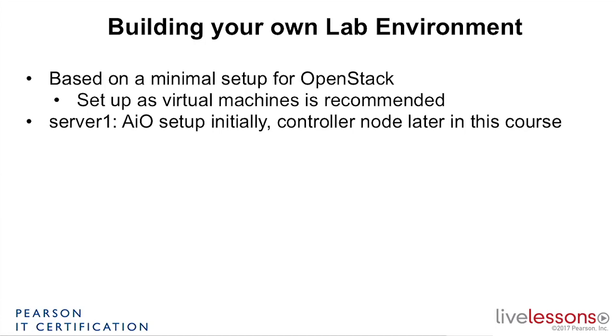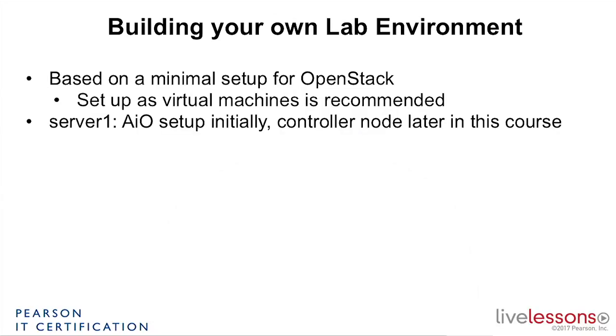Server 1 is going to be the most essential server in the complete configuration that we are using. On server 1, initially we are going to create an AIO setup. That is an all-in-one setup. That means that you've got this amazing cloud that is running on one virtual machine only.